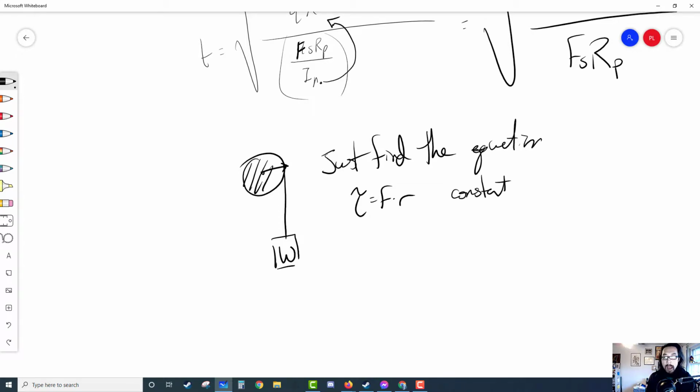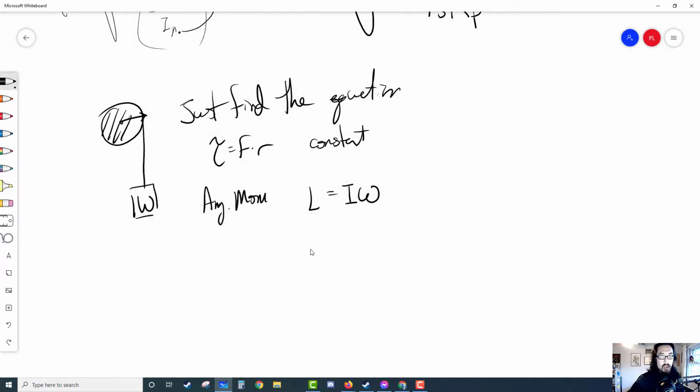All right, now what about angular momentum? All you had to do was find the equation for angular momentum. On the equation sheet, you'll be given L equals I omega. So you have to think to yourself, if it starts from rest, and later on it gains velocity because it's moving, velocity increases, therefore your momentum increases. So yes, it's increasing.